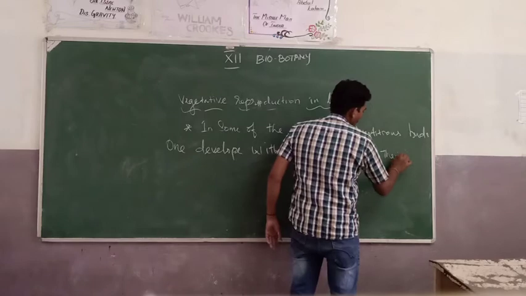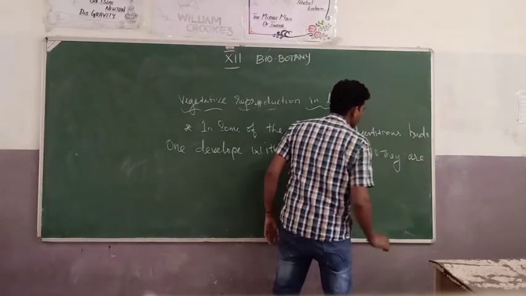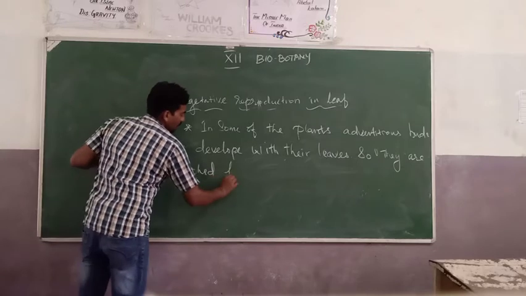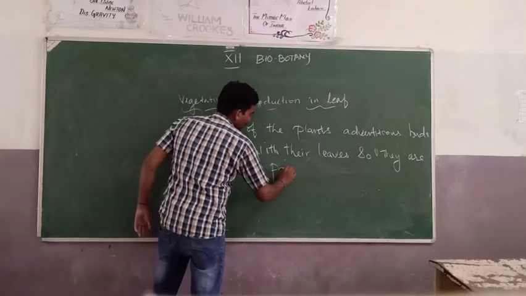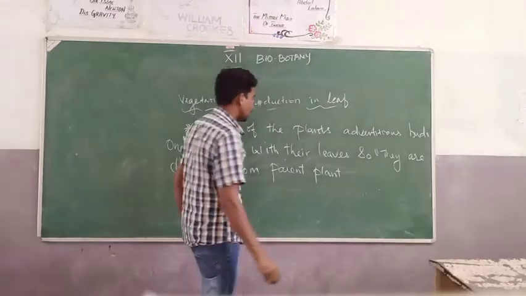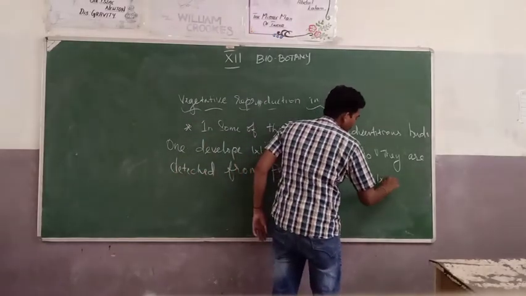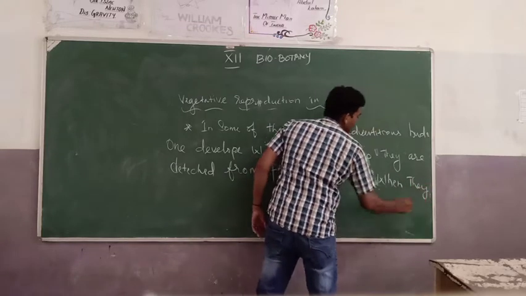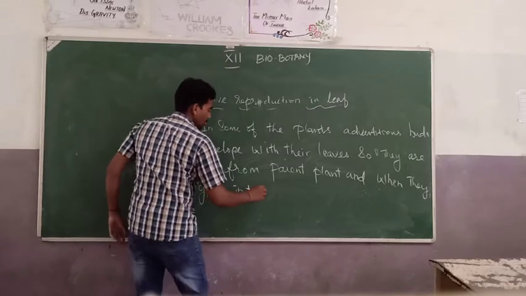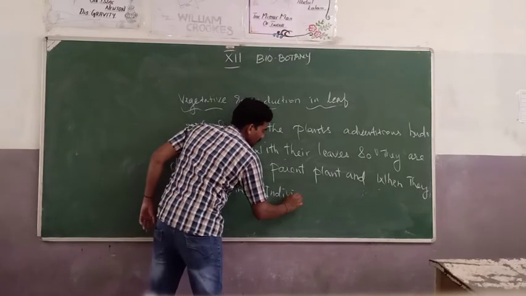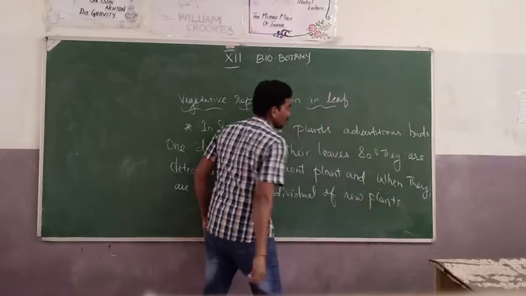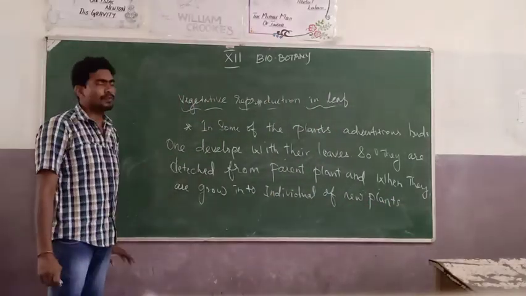They are detached from the parent plant, and when they grow, they become individual new plants. So this is called vegetative reproduction in leaf.